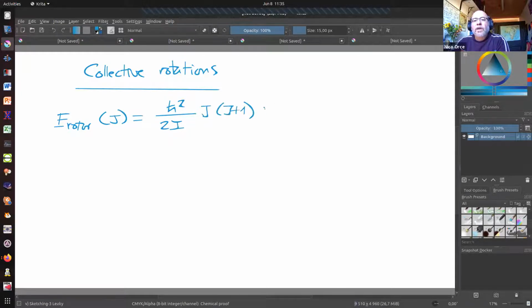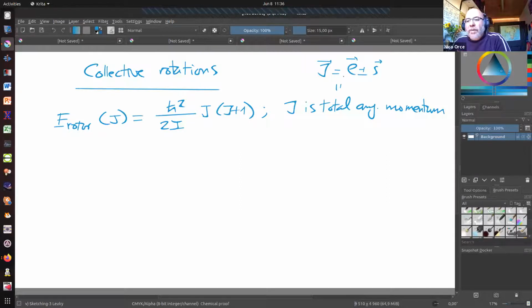J, as we know, is the total angular momentum, defined as J equal L plus or minus S, or capital L and capital S.